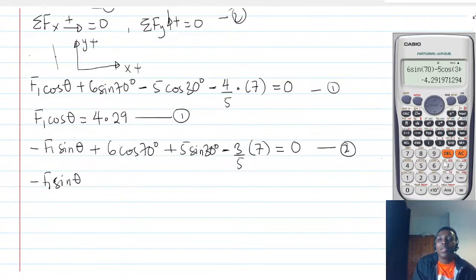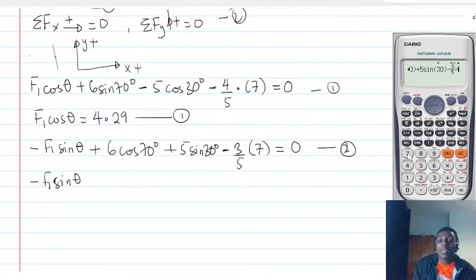So it's going to be what? 6 cosine 70 plus 5 sine 30 minus 3 divided by 5 multiplied by what?